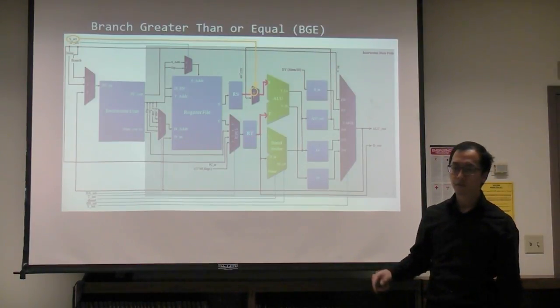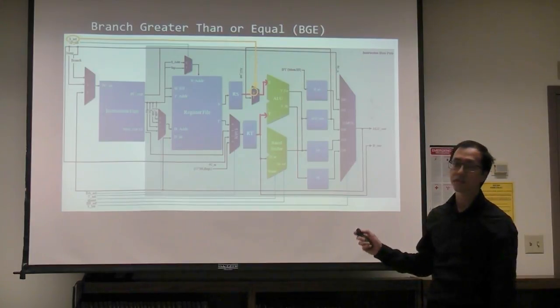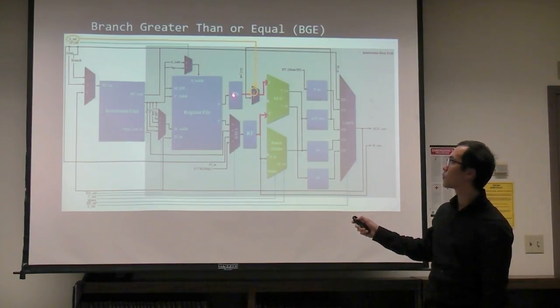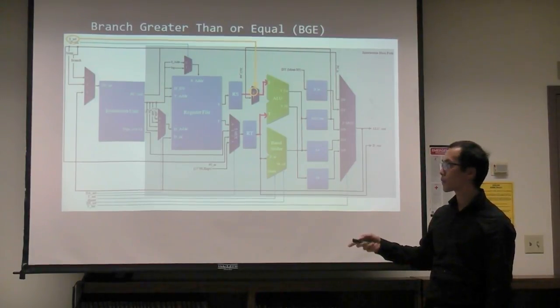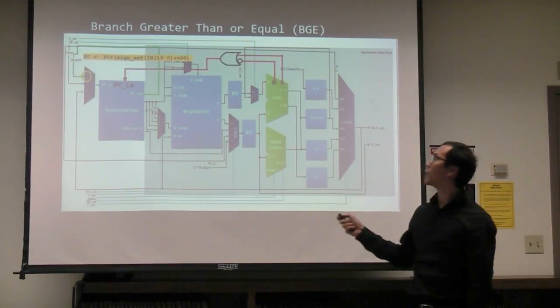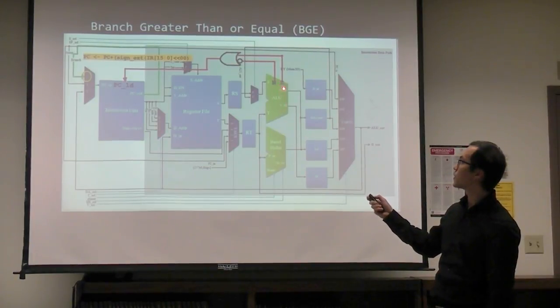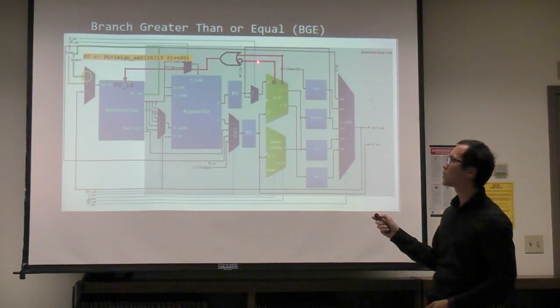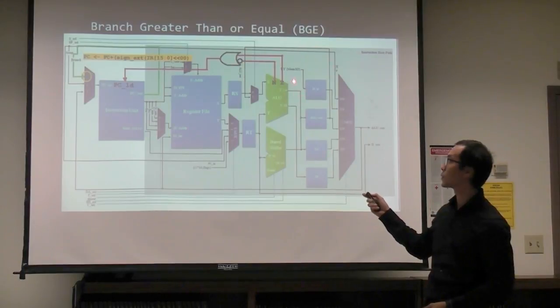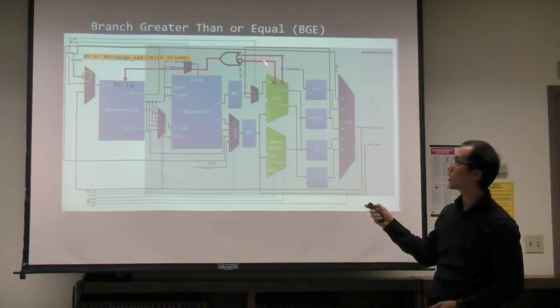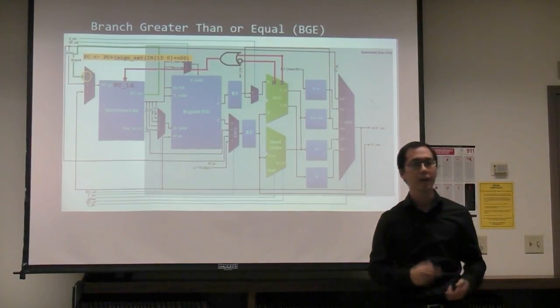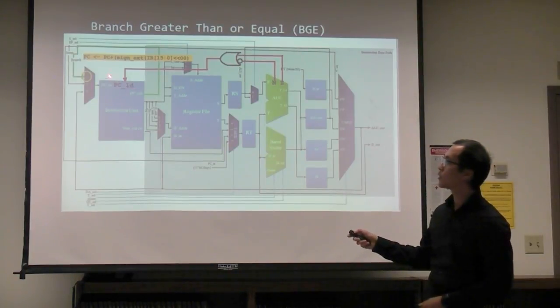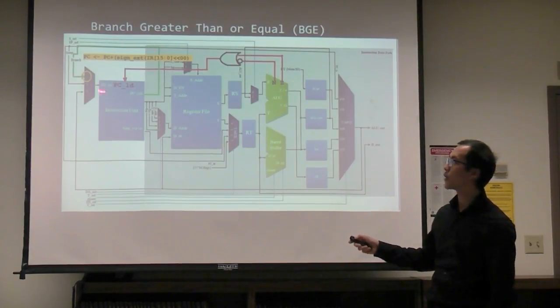For the first clock of the BGE instruction, we subtract RS and RT in the ALU and see if we get the negative flag. If the negative flag is not set, which means RS is greater than RT, we load the PC and branch to the new address.